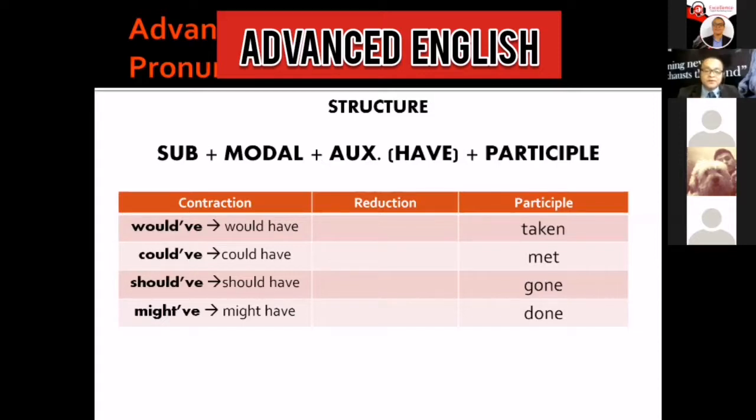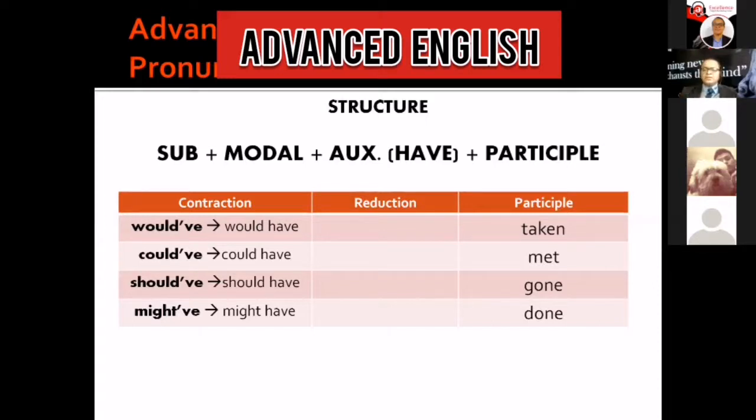Should have taken, should have met, should have gone, should have done. Might have taken, might have met, might have gone, might have done. Perfect.